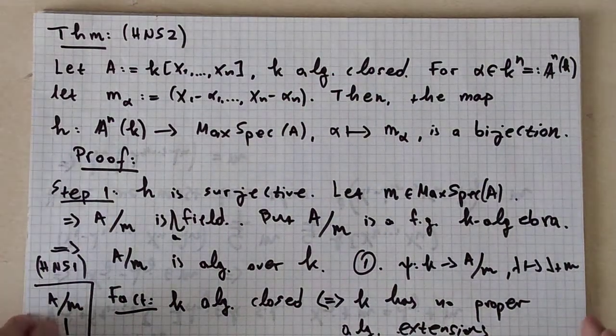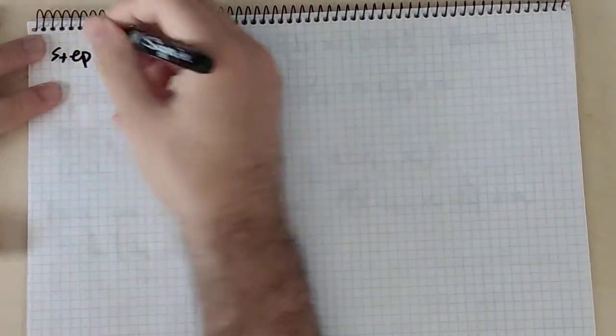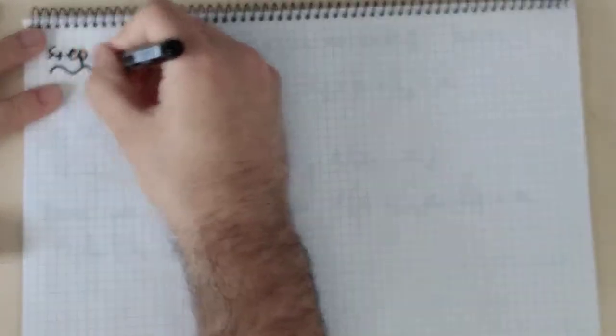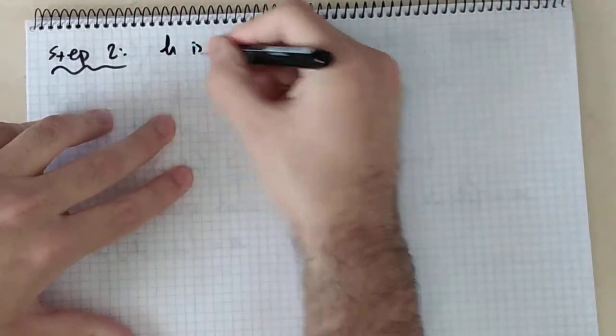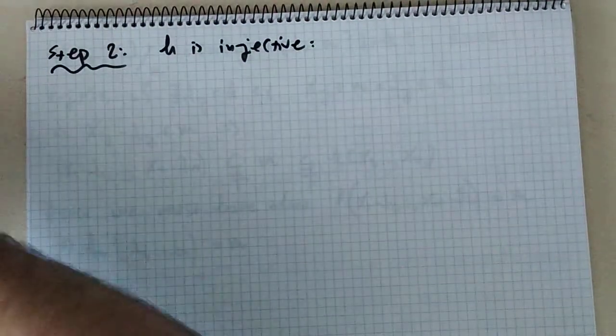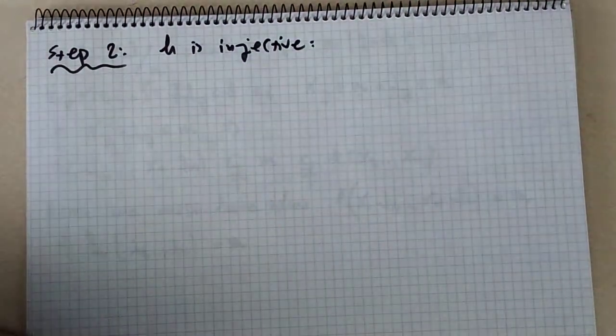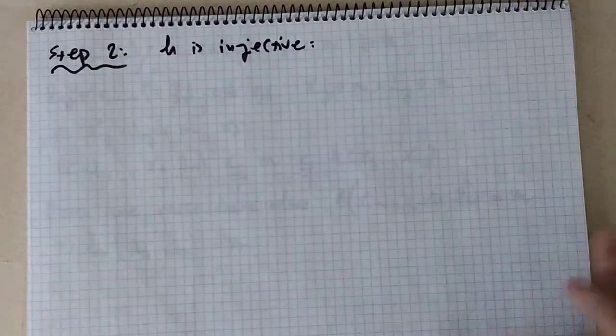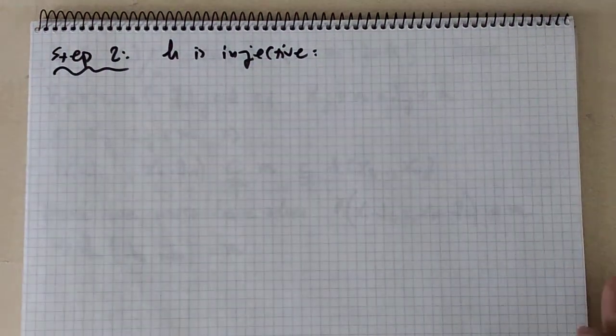So this proves surjectivity. Now, in order to finish the proof, we also have to prove that H is injective. Injectivity is in this case easier than surjectivity.